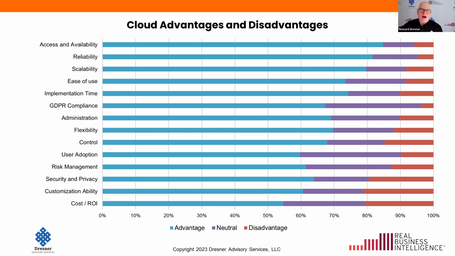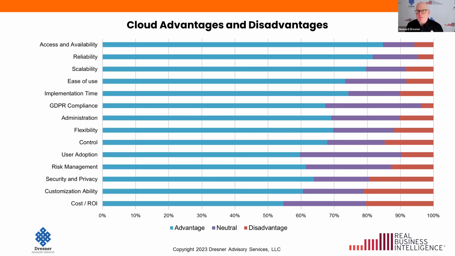Certainly when you look at the top, like accessibility and availability, reliability, scalability, ease of use, those are real winners. And so by and large, the cloud just makes a whole lot of sense from a whole host of reasons, economically, of course, but also in terms of those other features that organizations talk about.